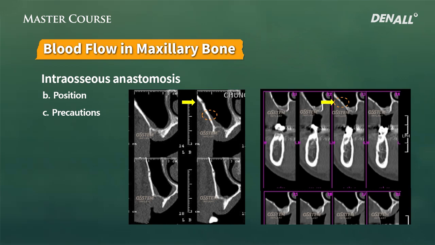Intraosseous anastomosis is detected here. When we create a window, bleeding can occur. If you look at the yellow arrow, when you create a lateral window in the front, you can avoid the vessel and do the surgery easily. But on the right, when you create a window, the bleeding inevitably may occur.